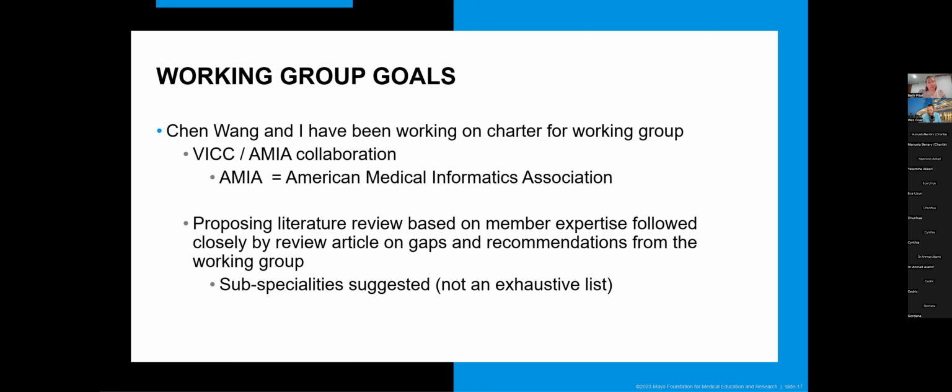And we've suggested some subspecialties, but I wanted to bring this to VICC and have kind of a discussion on what this group feels would be appropriate subspecialties. Are there things that we're missing, or did we do just such a good job in coming up with our 5 subspecialties?